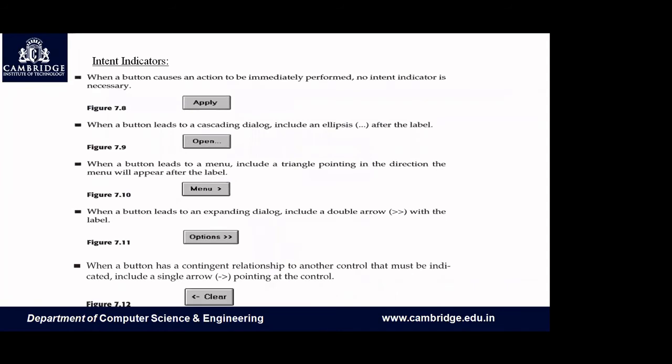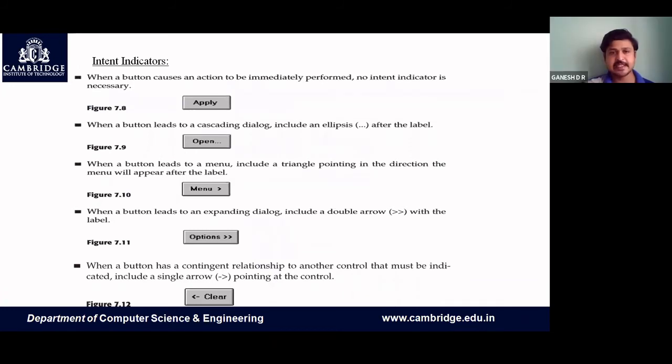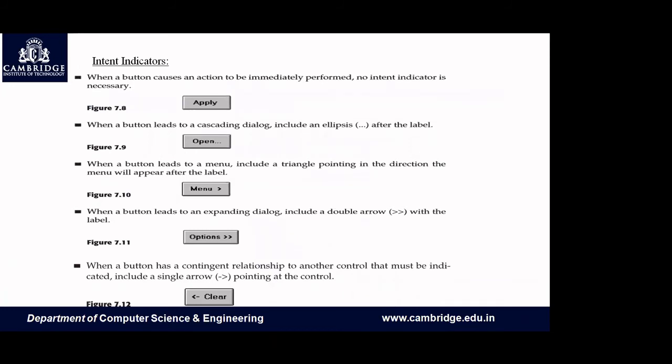Now we have indicators called intent indicators, and the purpose of intent indicators is that the label specifies the purpose of the button, right? When a button causes an action to be immediately performed, you have to use an Apply button. When a button leads to a cascading dialog box, you use an Open button.